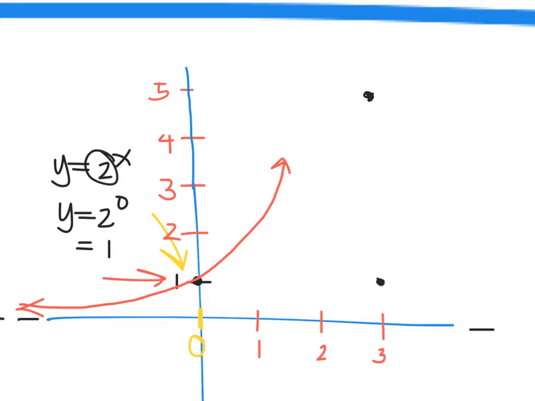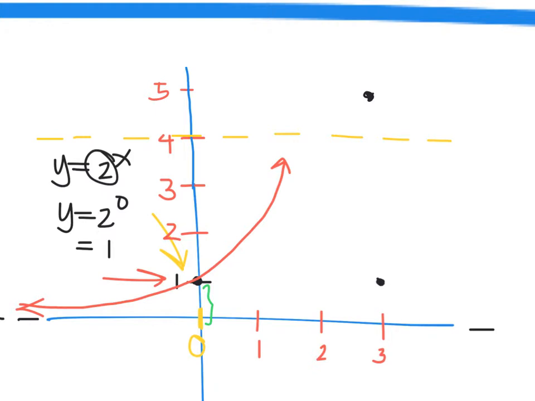What will happen to the asymptote? It should go with that point. The asymptote is 1 unit away from the y-intercept. So if that y-intercept is now located at 5, then the asymptote must be at y equals 4.